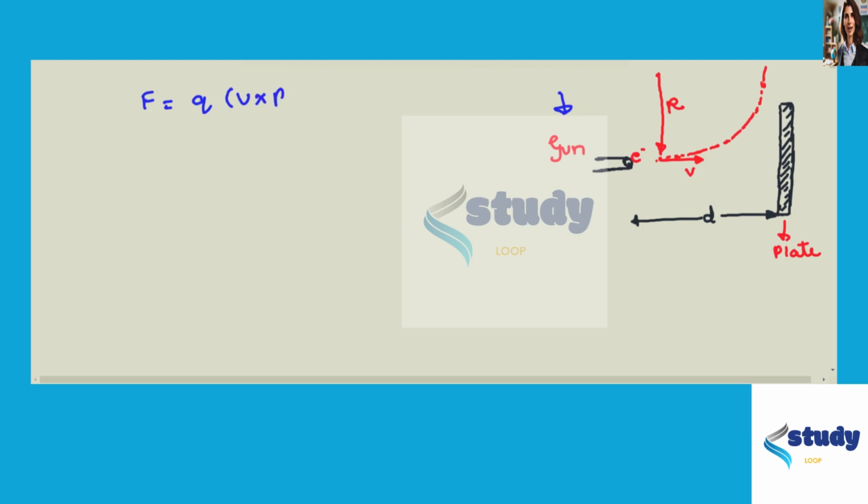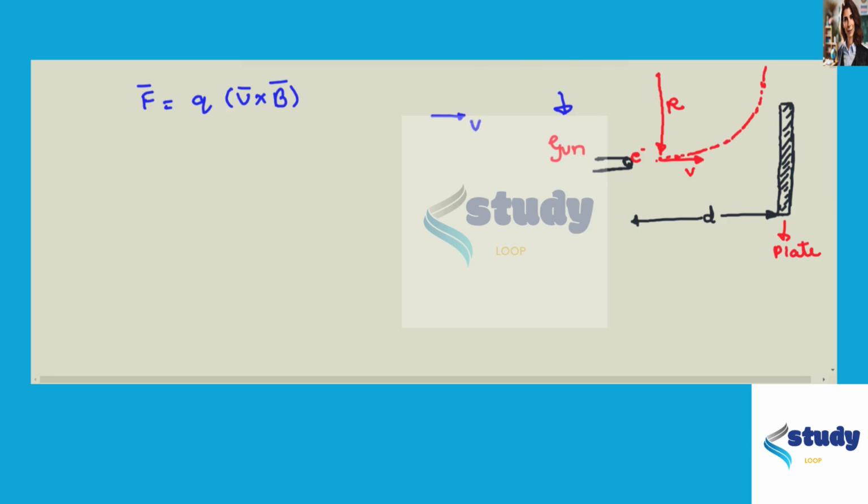That means the force should be perpendicular to the velocity of the electron and the magnetic field B. All should be perpendicular to each other. That is mutual. Suppose we know the direction of v, the velocity of the electron.